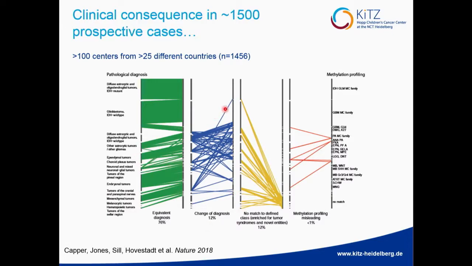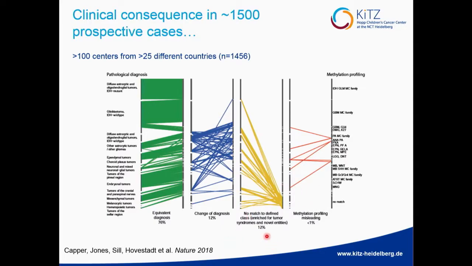And when we show these discrepant results to the neuropathologist again, and they would look at the morphology again, only in very few cases, which are the red ones here, that's far below 1%, they would disagree with calling this according to the molecular diagnosis. And in all of these 12% of cases, they would agree with the molecular diagnosis.